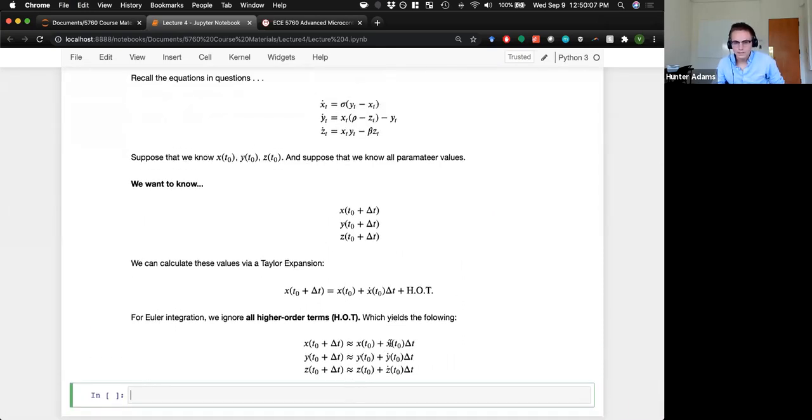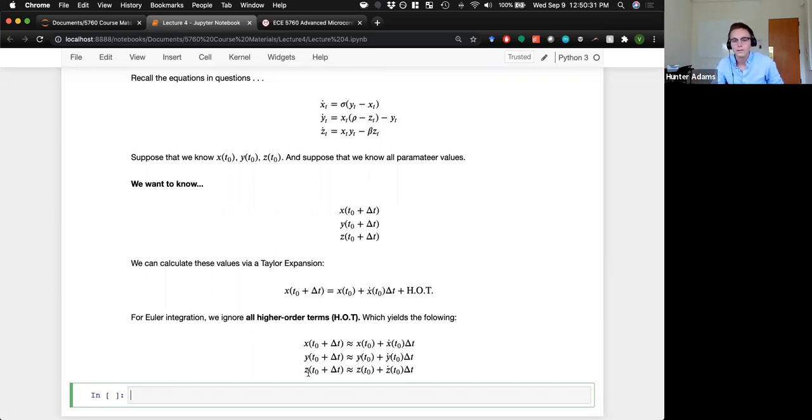Where conveniently, these x dot, y dot, and z dot terms are the Lorenz equations that we already have, right? So the notion is that if we know the initial conditions, x at t0, y at t0, and z at t0, we can substitute those into our differential equations to calculate x dot, y dot, and z dot at t0, and calculate x, y, and z at the next time step, and so on.